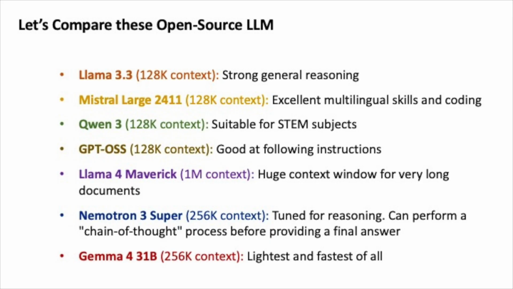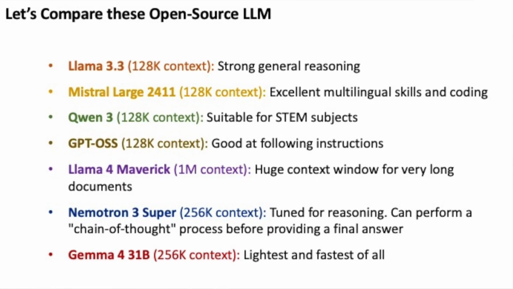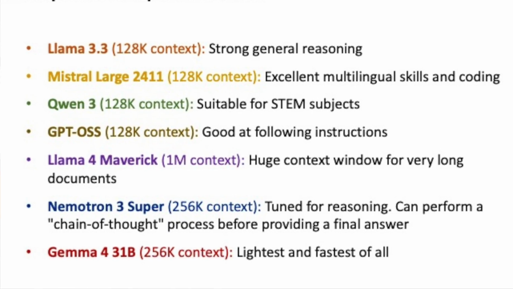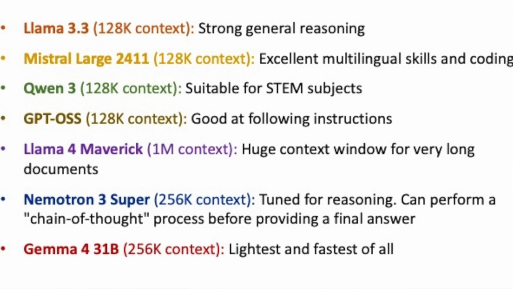Qwen 3, according to partial data, is more appropriate for STEM subjects. And we have OSS, which is very good at following your instructions. Nemotron is tuned for reasoning, and it can perform a chain of thought process before providing a final answer.